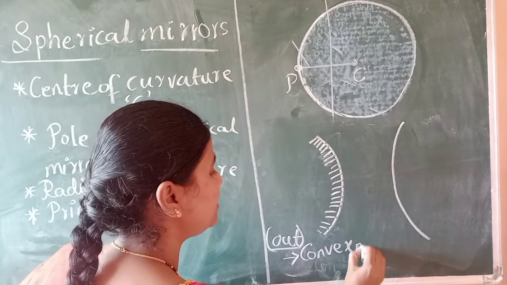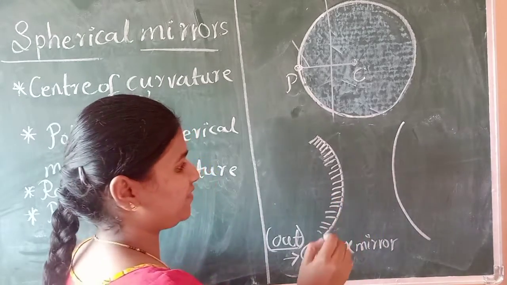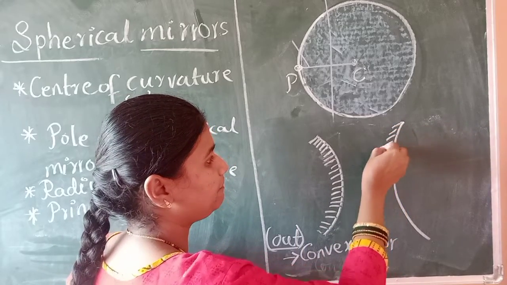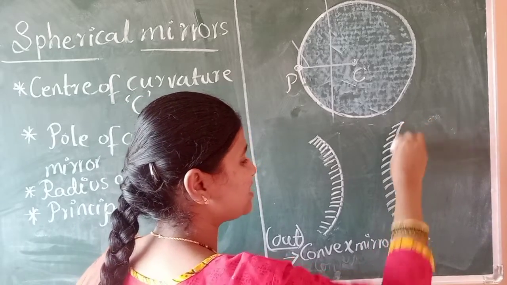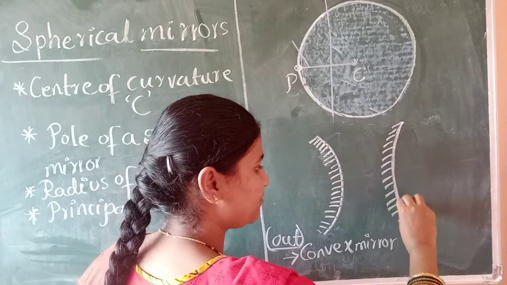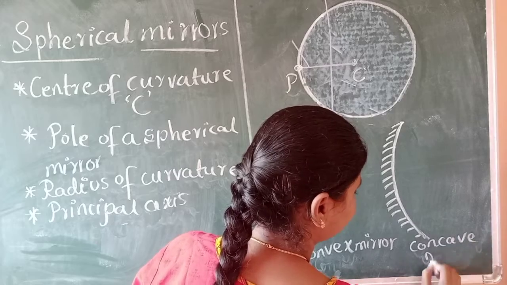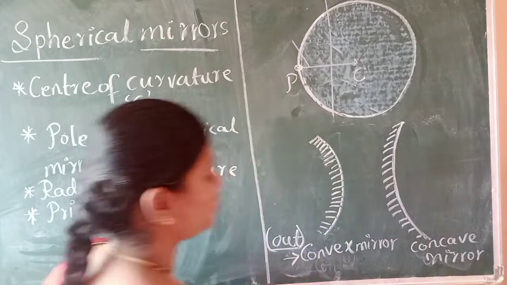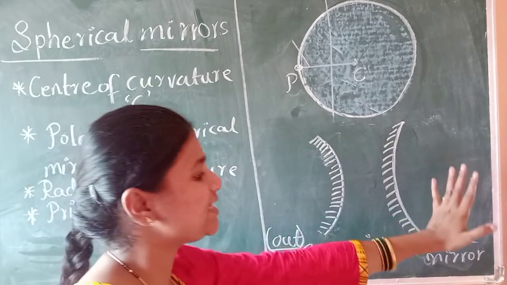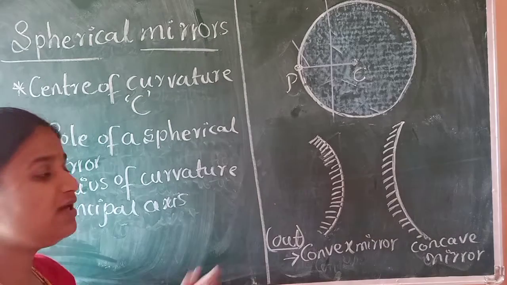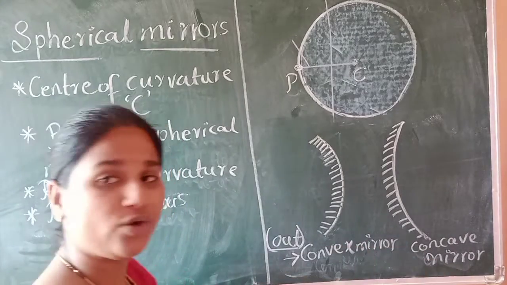Then when the spherical surface is inside, it is called a concave mirror. Well polished surface, if it is outside, that is convex. Well polished surface that is inside, that is concave mirror. So based on the curvature, we have two types of spherical mirrors, convex and concave.